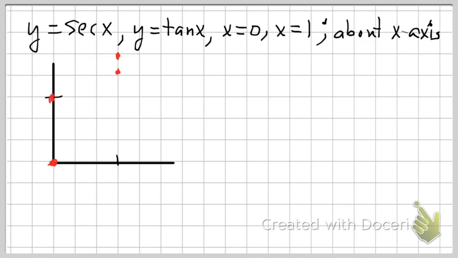Now, which is bigger, the secant or the tangent? Secant was bigger. Remember that secant made those cup shapes, whereas tangent made a shape very similar to the snake, only we just want the positive portion. Then x equals 0 and x equals 1 make these walls. Is that okay?